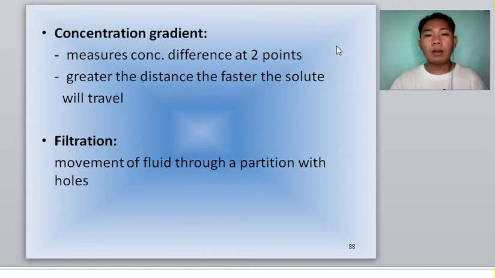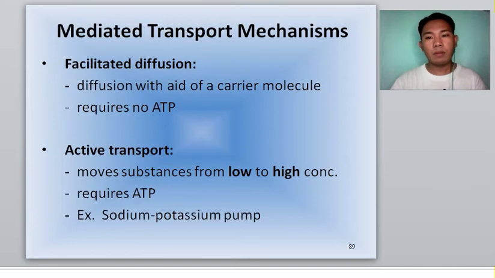When we say concentration gradient, this measures the concentration difference at 2 points. So the greater the difference, the faster the solute will travel. And we have filtration here, which is the movement of fluid through a partition with holes. Another are the types of mediated transport mechanisms.